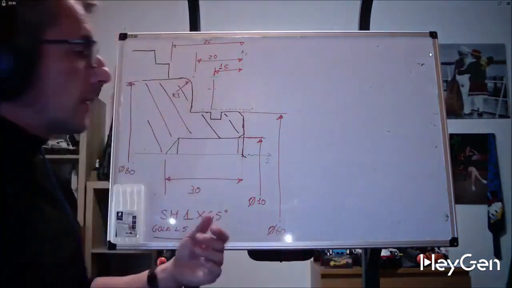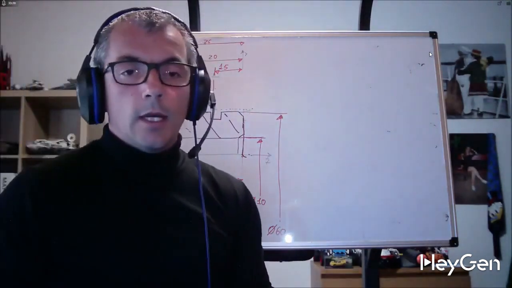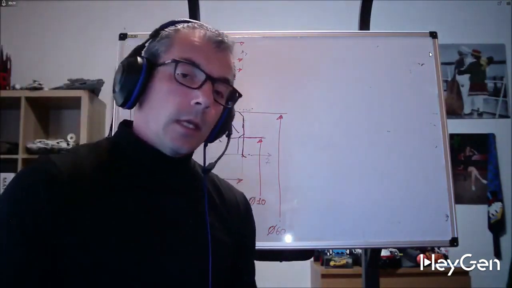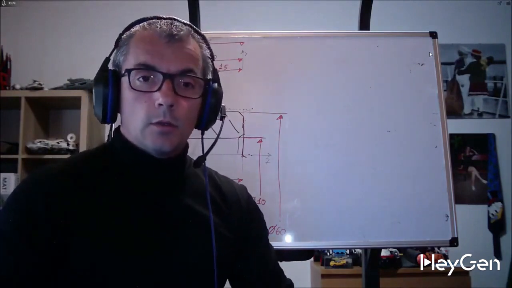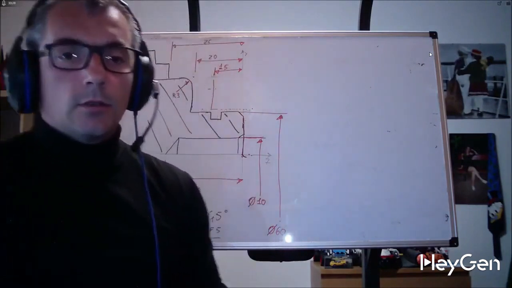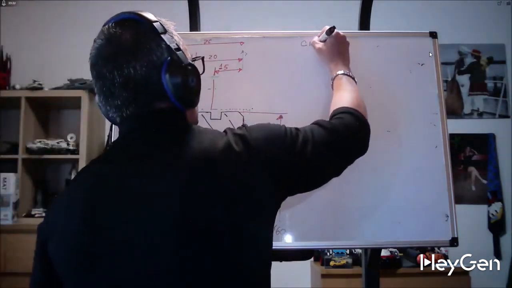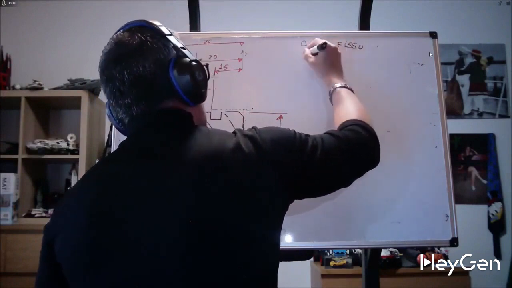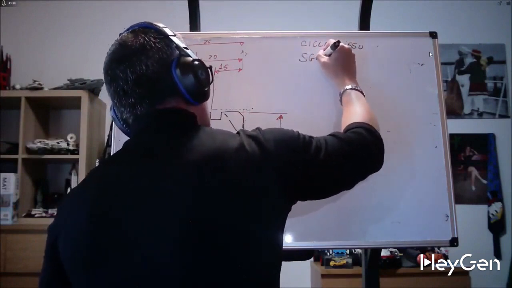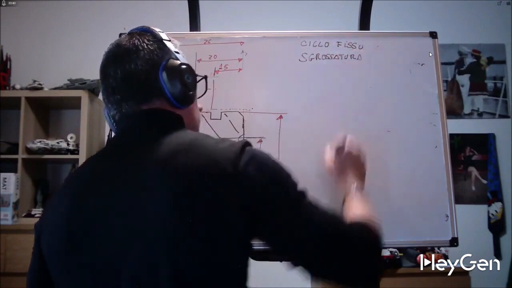So I was saying, fixed cycles are those cycles identified by a G, which in the case of external roughing can be G71, allowing you to summarize in a maximum of 2 lines what you would be forced to do in 20, 30 or 40 lines. Okay?